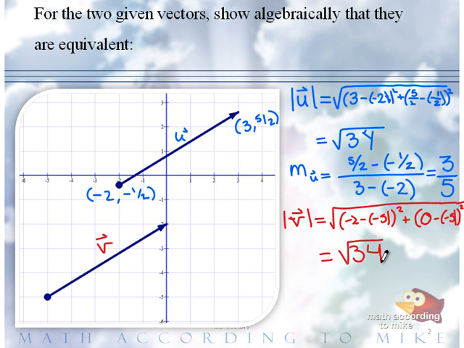Good. All right, so let's find the slope of vector v. This one will be a little bit easier because there's no fractions. So change in y, what's it going to be? -5 minus -2, change in y.